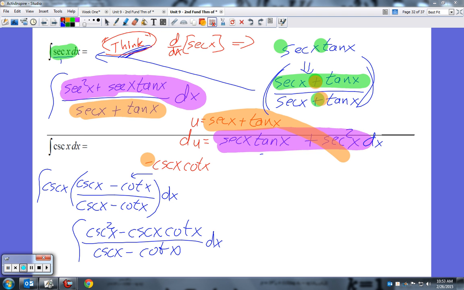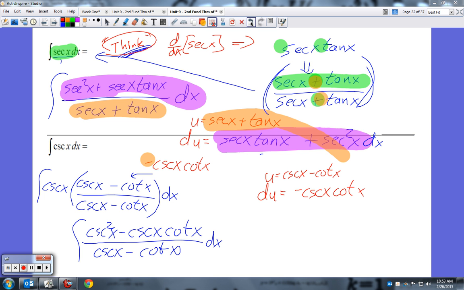Let's go with Andrew. What's u? It would be cosecant minus cotangent. Yep, u is cosecant x minus cotangent x. Oh, sorry, no dx, not yet. Andrew, what is du? It would be negative cosecant cotangent. Good. Negative cosecant cotangent. Keep going.